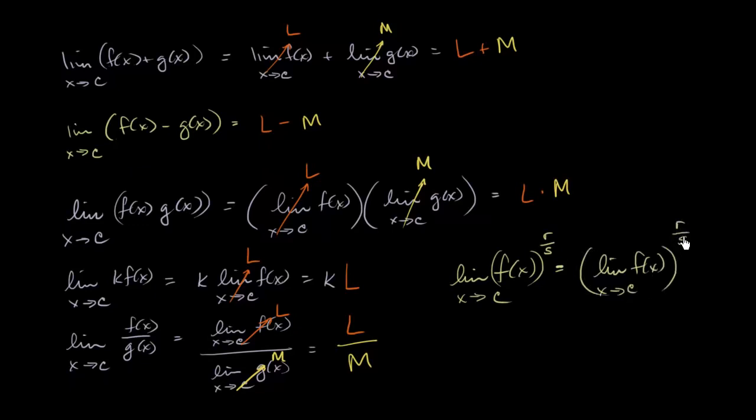Once again, when r and s are both integers and s is not equal to 0, otherwise this exponent would not make much sense. And this is the same thing as L to the r over s power.